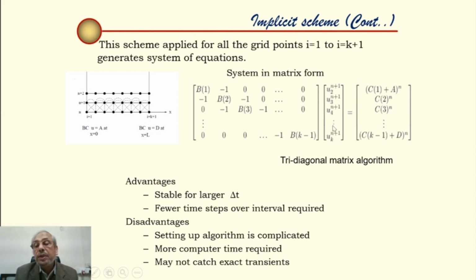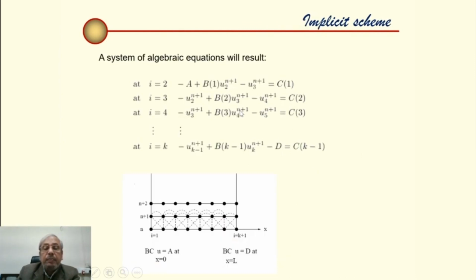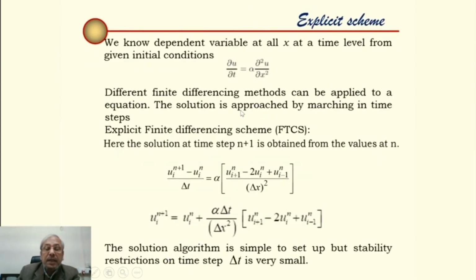To know this unknown vector, that means u2, u3, u4 up to uk, we can just invert the matrix and get these values. So this is called, as I said, the Crank-Nicolson implicit scheme, and we can understand its difference from the explicit scheme.